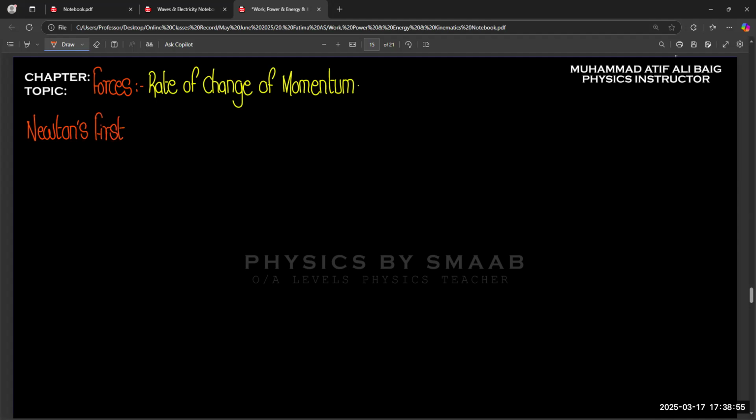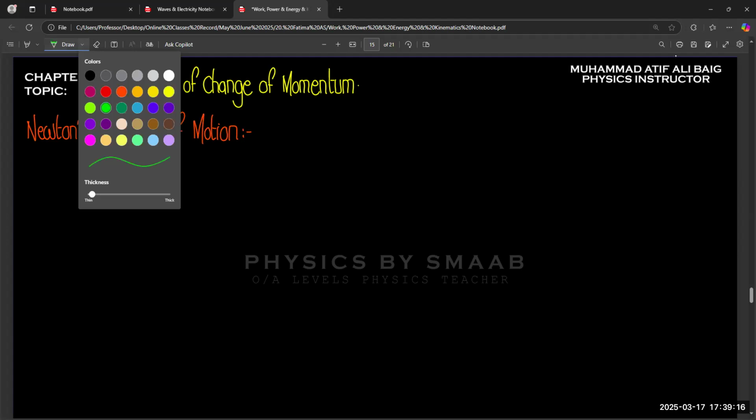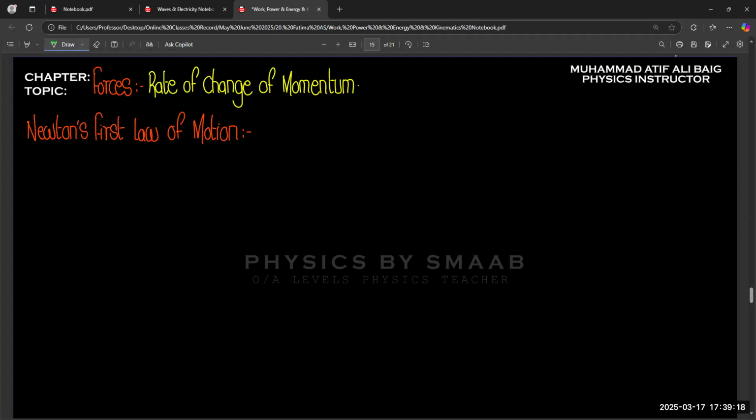So we have Newton's first law of motion again. In Newton's first law of motion, we already know this statement, because in AS we have definitions in the final papers and in the past papers also. So definitions are important.